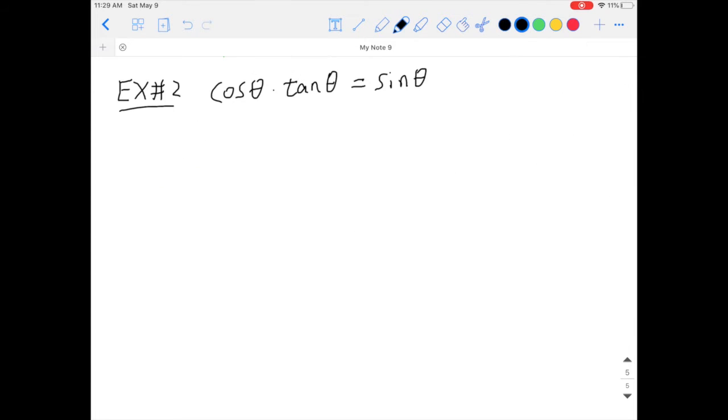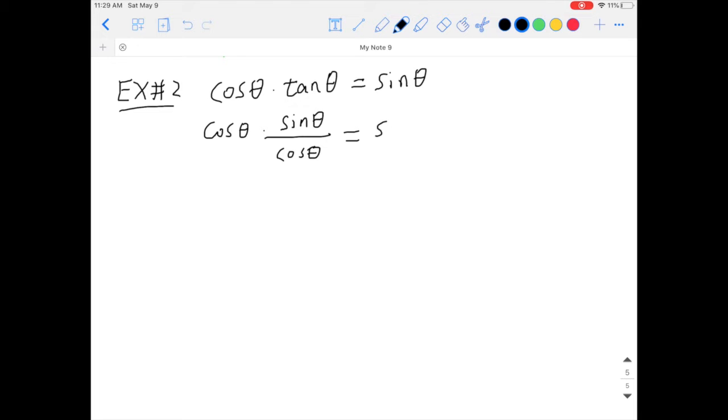Okay, again, for example number 2, we have cosine times tangent equals sine. Remember, the hint is always convert everything in terms of cosine theta and sine theta. So cosine theta, this is good, but tangent we have to change in terms of sine or cosine. And according to the ratio formula from above, tangent equals sine over cosine.